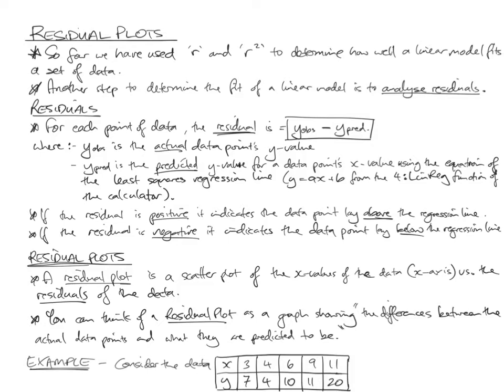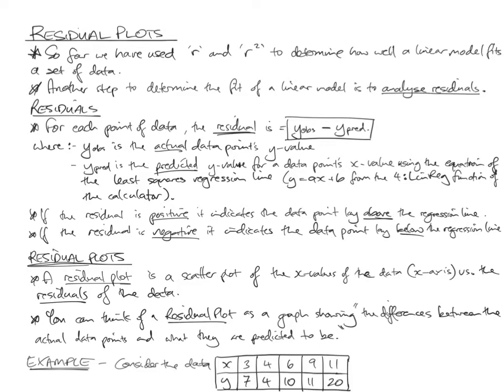So the y predicted is the y value for each data point, given an x value plugged into the least squares regression line devised for that data. That is quite a complex point to deal with there. Hopefully it's sorted out a little bit when we do an example below.